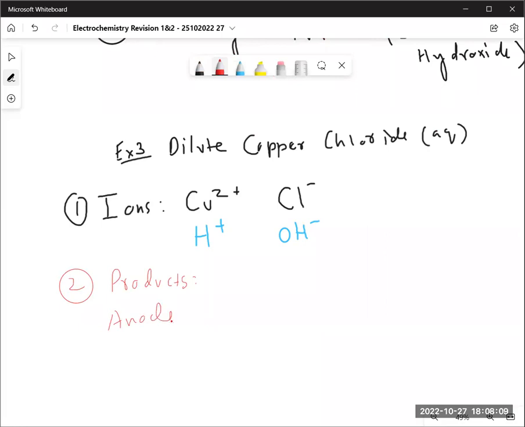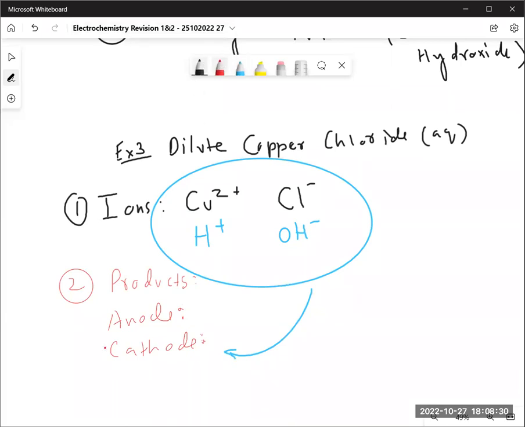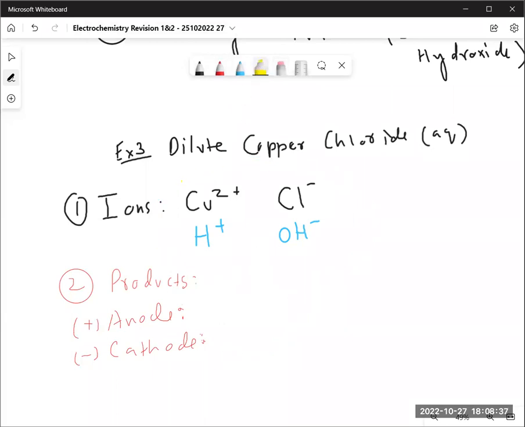Now for this one, we have anode and cathode again, but there's one more thing we need to look at. We now have a bit of a difference in the cathode. Which of these will form at the cathode? Cu2 plus and H plus. These guys are the competition. They're going to fight each other and we'll have a match, and your job is to tell me who's going to win. You are the judges.